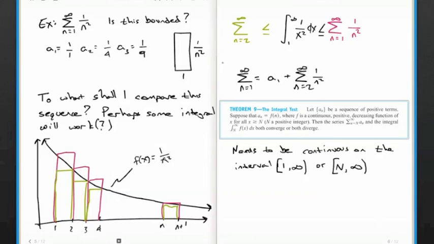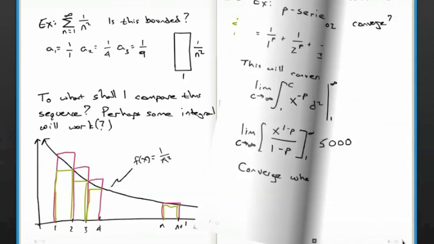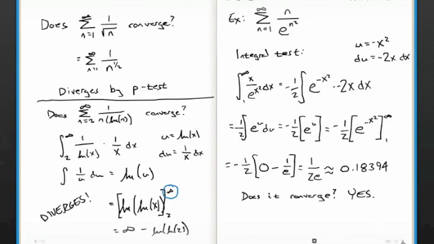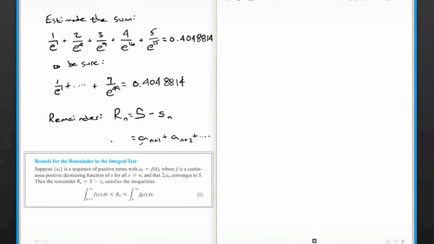In this case, it was 2. The red represented something that was greater than the actual integral, so that would be the n. If I start at my n, it gives me something bigger. If I start at n plus 1, it gives me something smaller. So it makes sense that my remainder will be in between the smaller estimate and the bigger estimate.